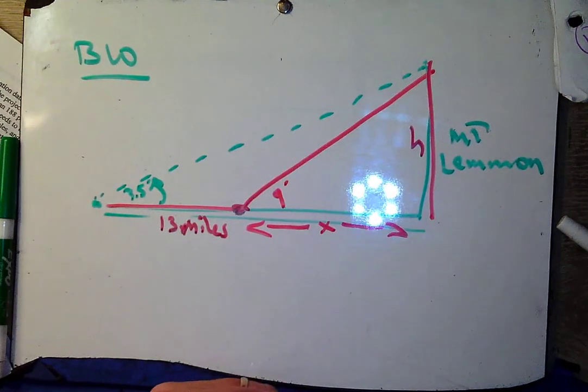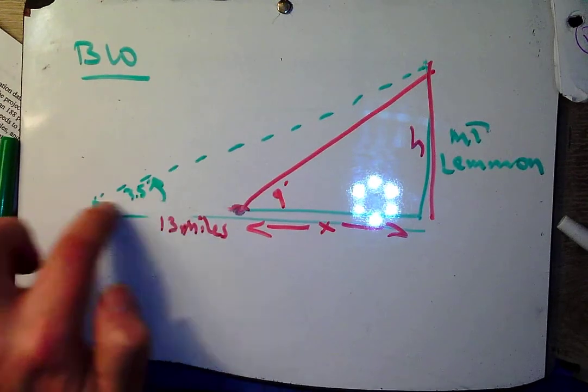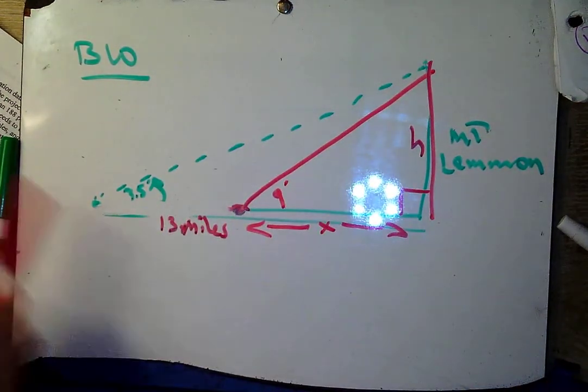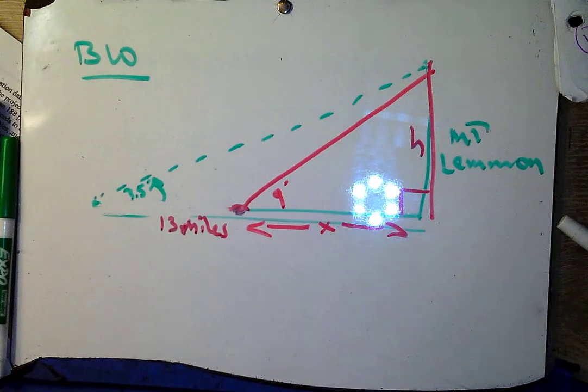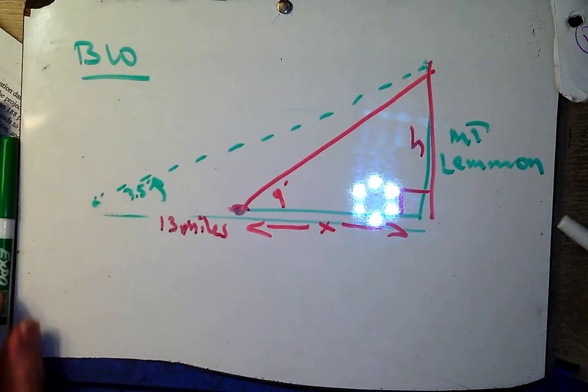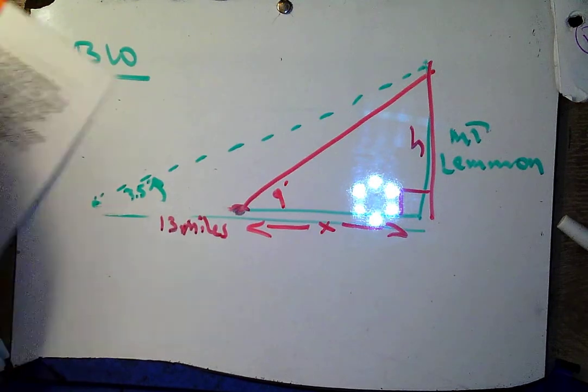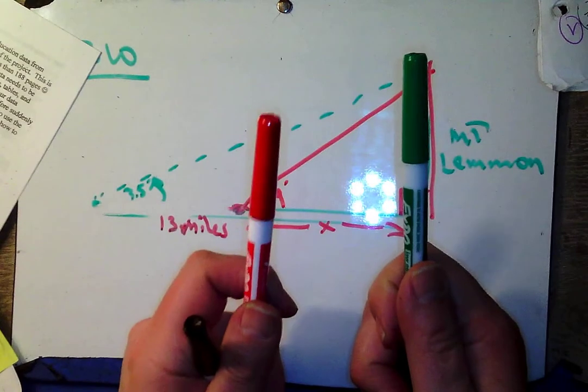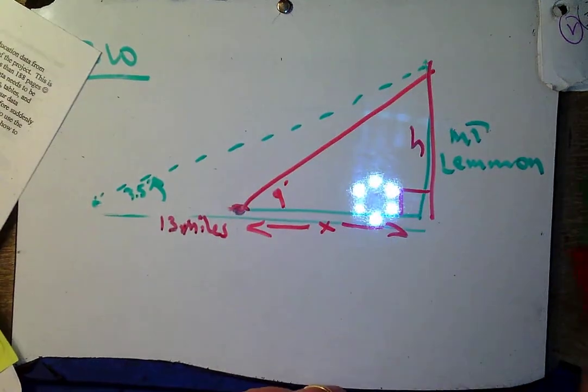Okay? So, we've got right triangles here. And we'd like to use our knowledge of right triangles to help us figure this out. Okay, so what's that going to be? Well, here's what I notice. I notice that there's actually two different colored triangles here.